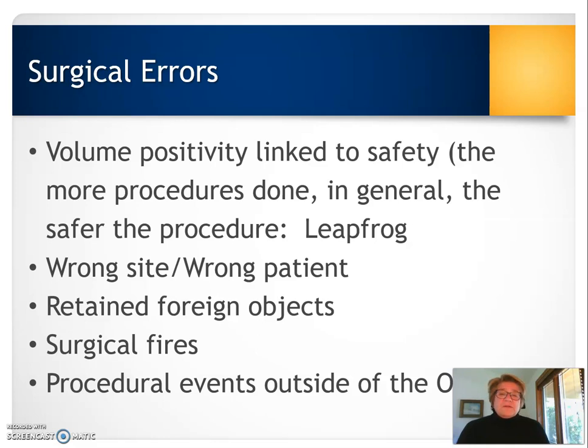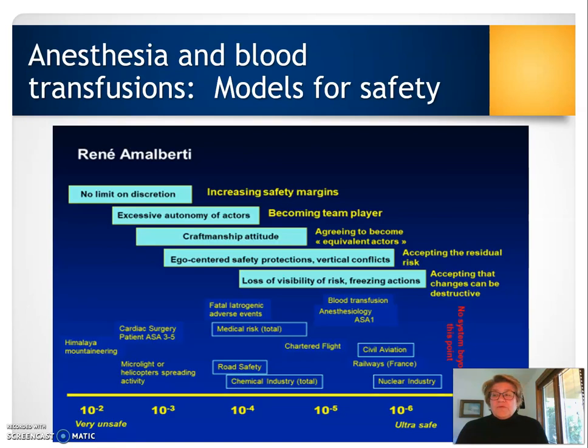Surgical fires are an issue that does happen even today, and there's measures in place. Everybody should have a plan. And then procedural events outside the OR as well, because procedures are done outside the OR, but maybe don't have the same counting procedures and other preventative measures.